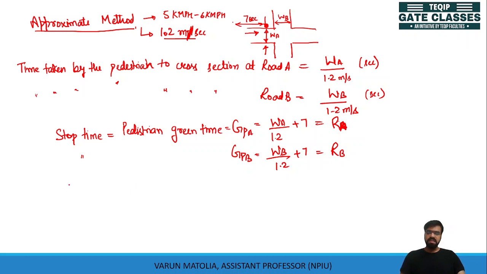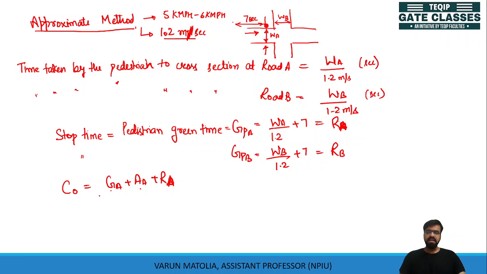We know the cycle time is equal to green time of A plus amber time of A plus red time of A. The green time of A and amber time of A collectively is equal to the red time of B. Whenever I am moving through the section in my green time and amber time, phase B will be stopped.